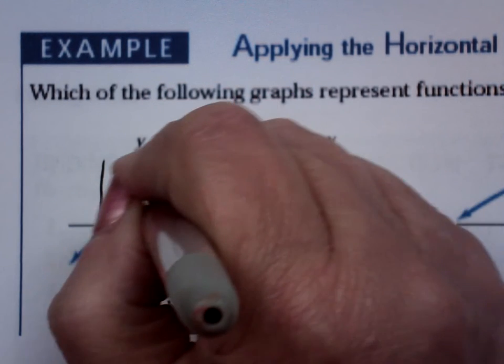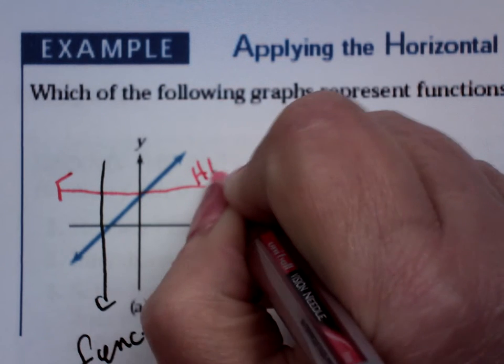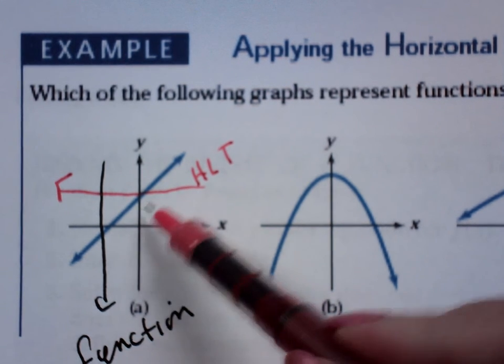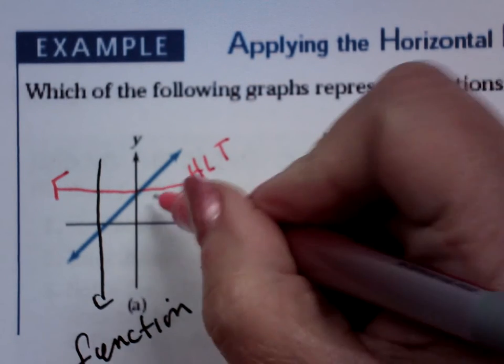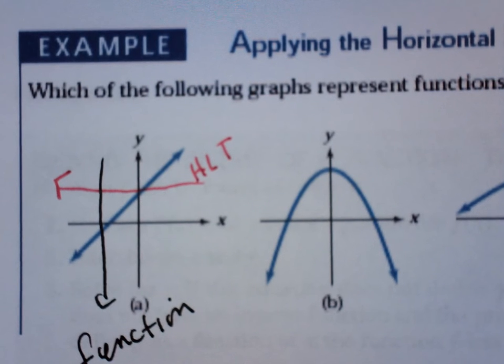Well, if I draw a horizontal line, we'll call it an HLT, horizontal line test, how many places does that intersect the graph? Well, just one. One horizontal line intersects in one place. And yes, there's an infinite number of horizontal lines, but one horizontal line, one place.